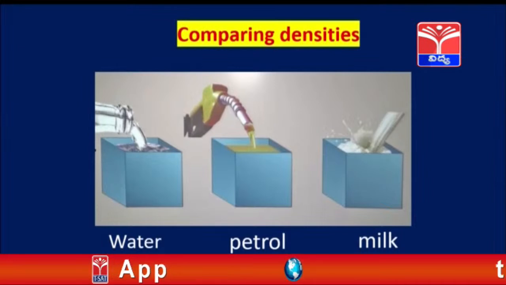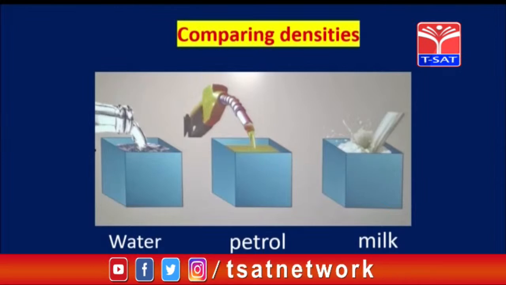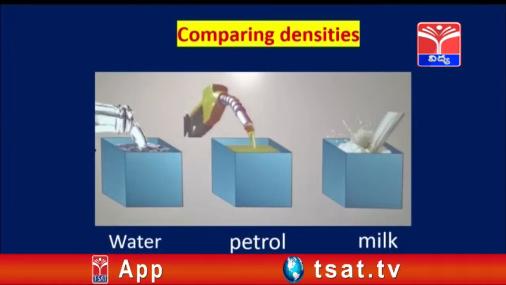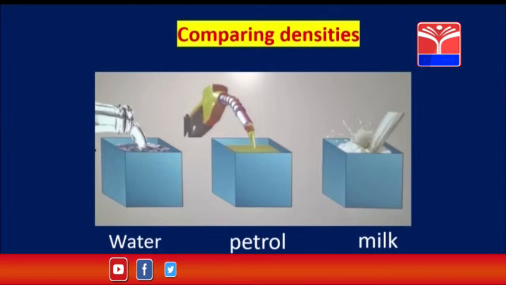That means all three are going to have the same volume because they are filled with the same volume. Is it right? In the same boxes we are pouring water, petrol and milk. So all three are going to have the same volume. So think, children, which is going to have more density? How can you say? Is it petrol, water or milk? Which is going to have more density?